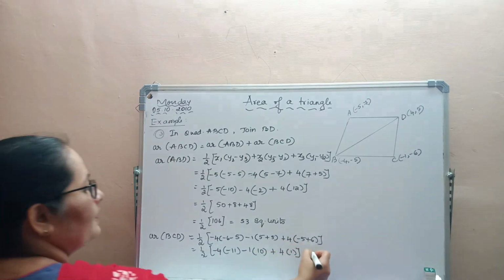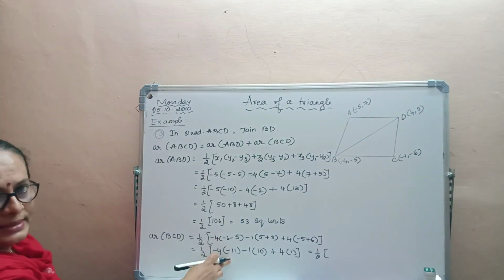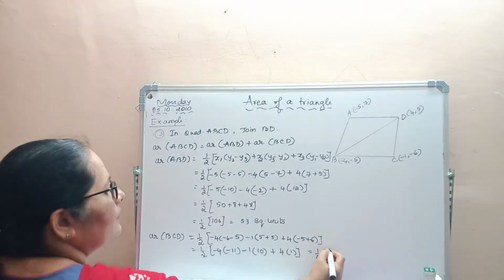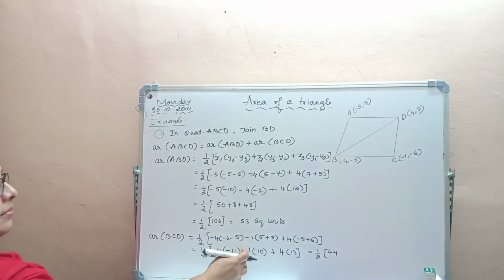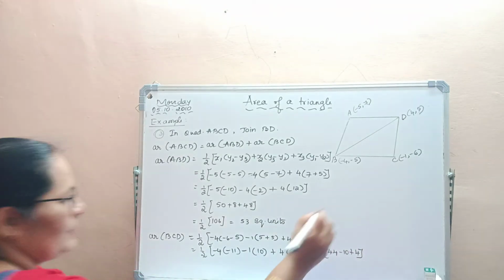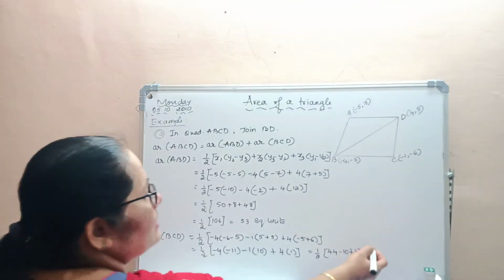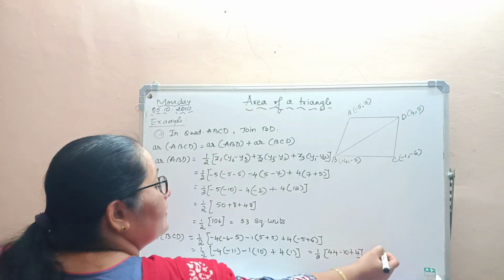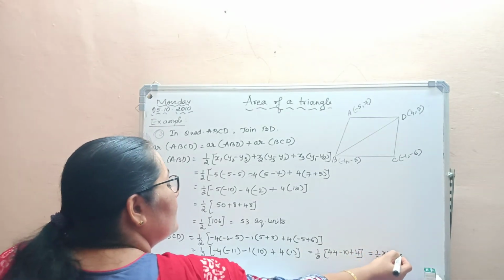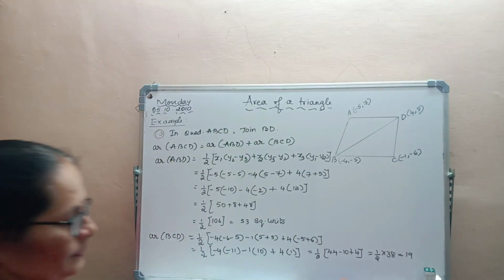So which is half into minus 4 into minus 11 is plus 44, minus 10 plus 4. So which is 44 minus 10 is 34. 34 plus 4 is 38. So half of 38, 19 square units.